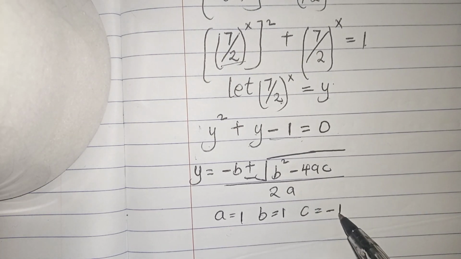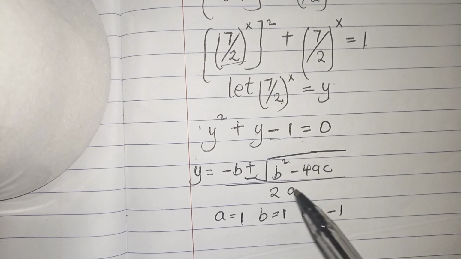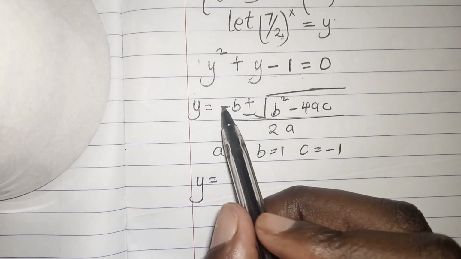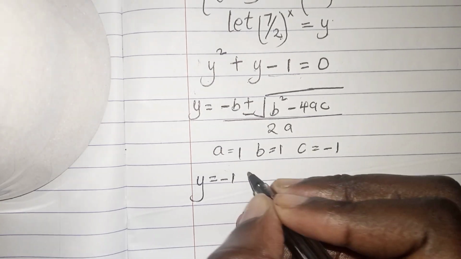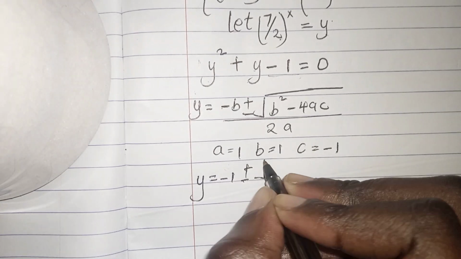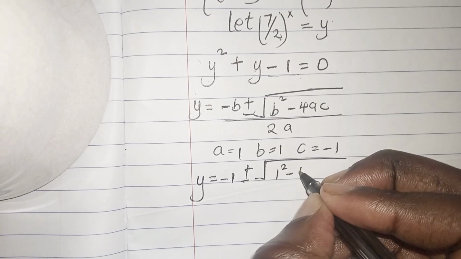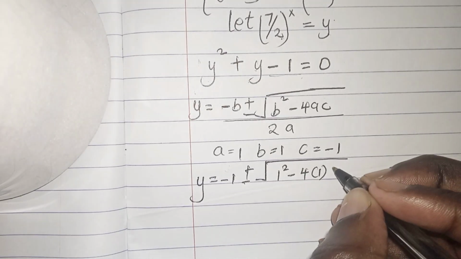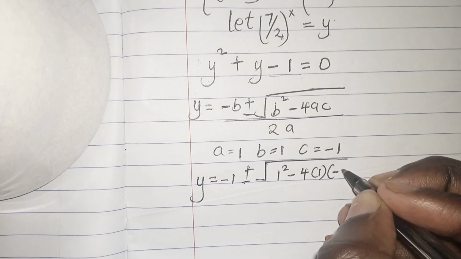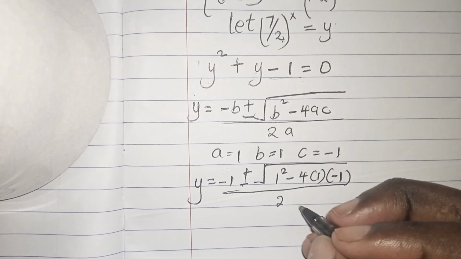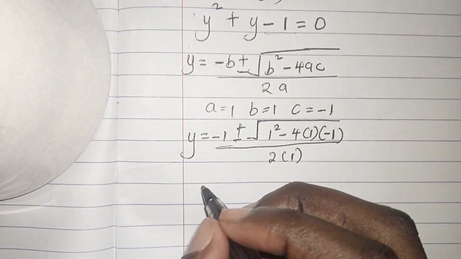So we shall substitute these numbers in our quadratic formula, where y is equal to negative b, so this is negative 1 plus or minus the square root of b squared, so 1 squared minus 4a, which is 1, times c, which is negative 1, over 2a, which is 1.